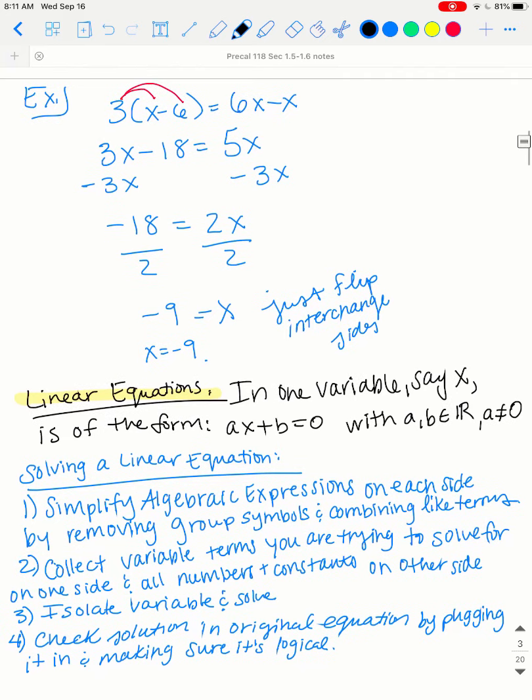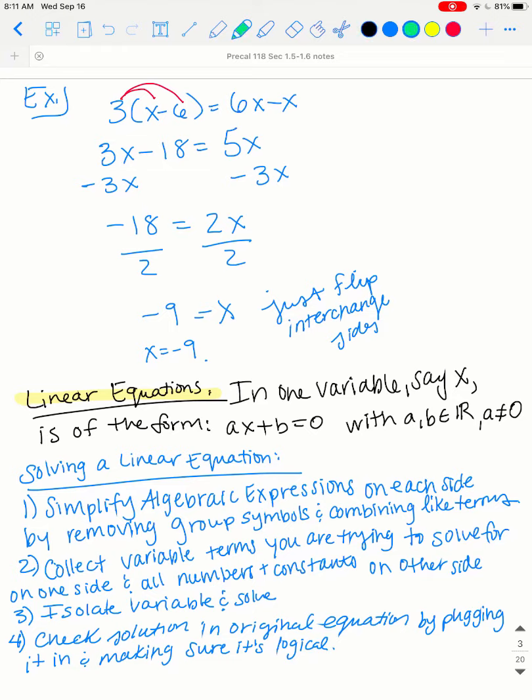Another example is 3(x minus 6) equals 6x minus x. We're distributing the 3 to the x minus 6 first. So we get 3x minus 18 equals, and then we subtract x from 6x to get 5x.